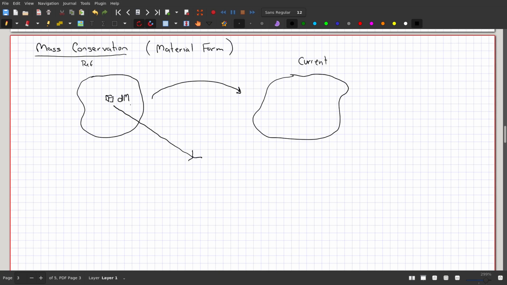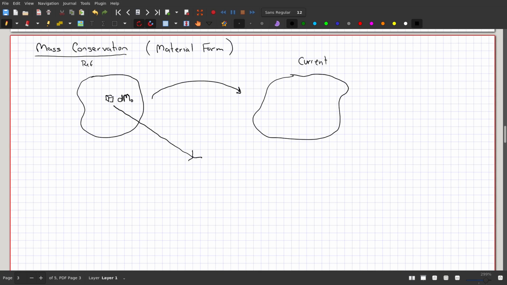I'm going to be using the symbols M and V, and it's a little hard to tell the difference between an uppercase and a lowercase M and V, so I'm going to put a little O. Anytime you see a subscript O on a variable, that means it's pinned to the reference configuration.